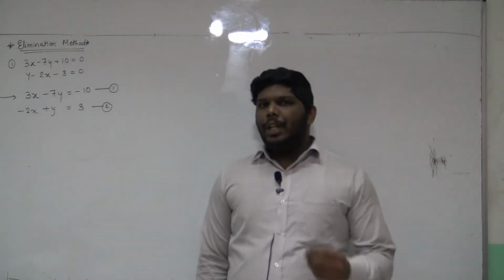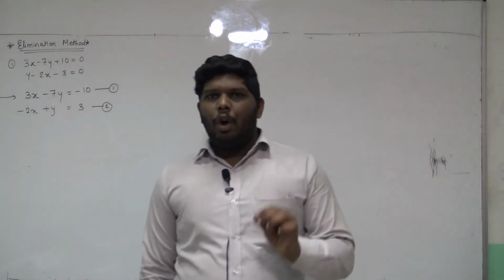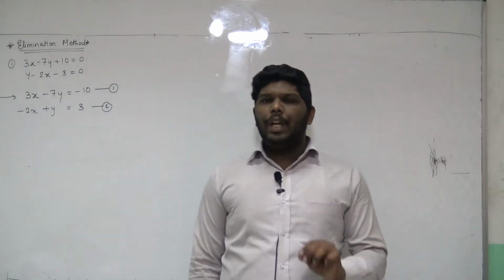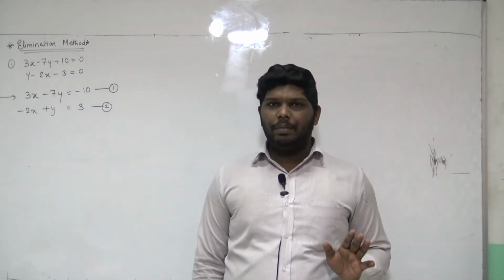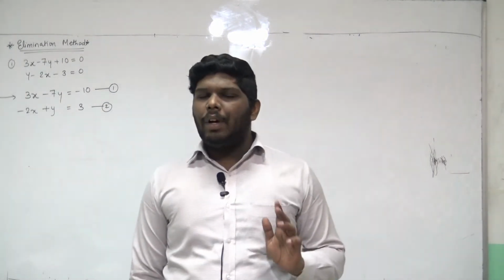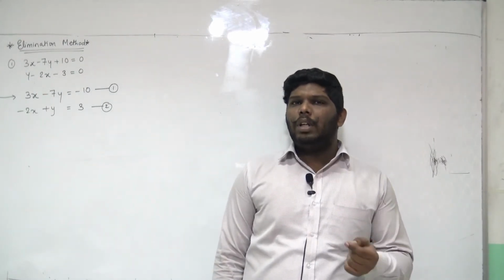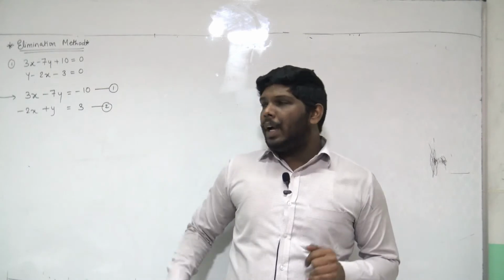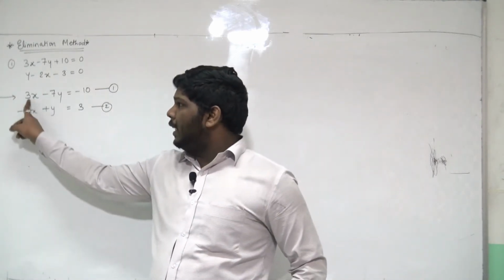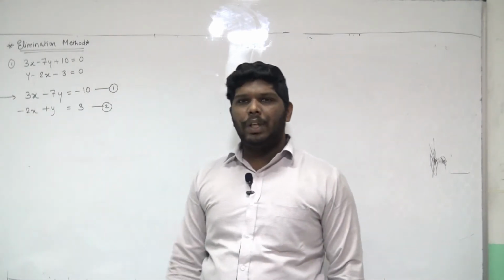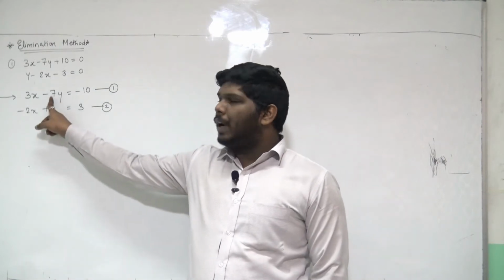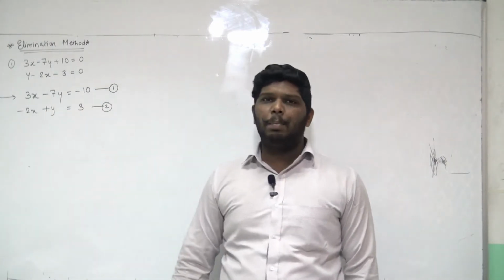After this, what is the next step? From x and y you have to select the variable that has to be eliminated. You can select any one variable, but the next condition is that the coefficients of both the variables should be same. The coefficients of x are 3 and minus 2 in these two equations, and the coefficients of y are minus 7 and plus 1.